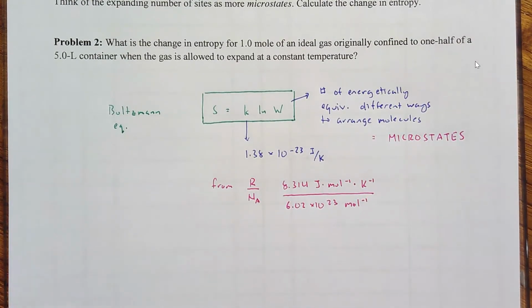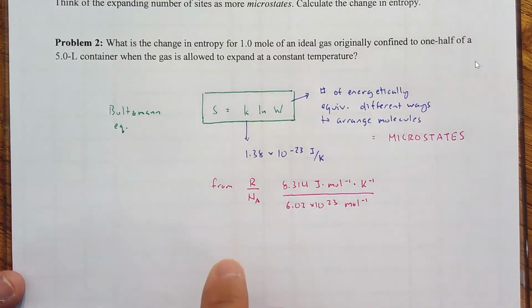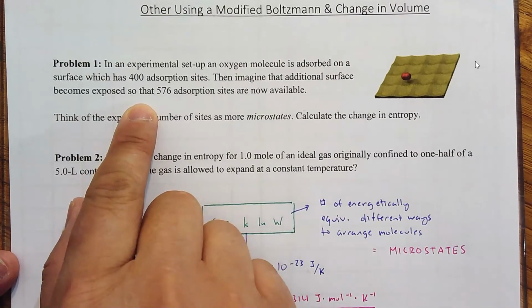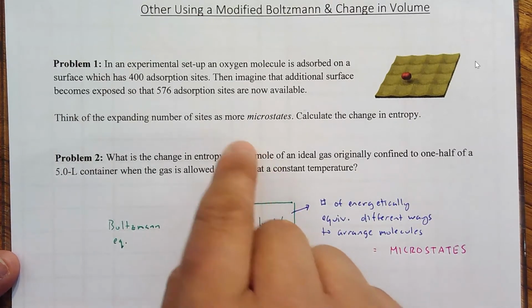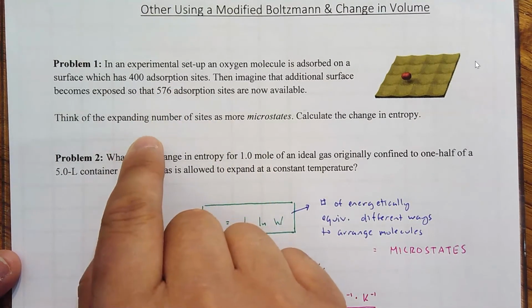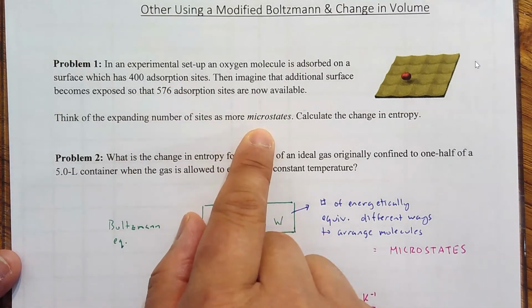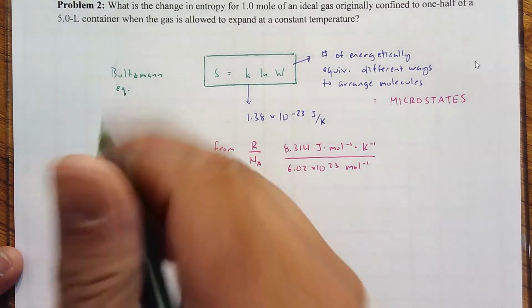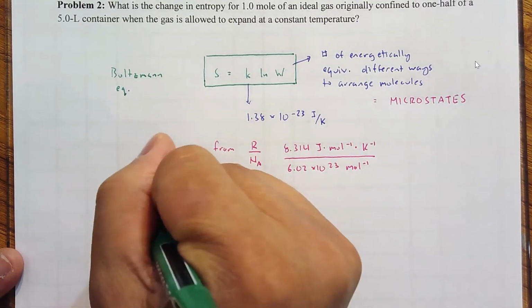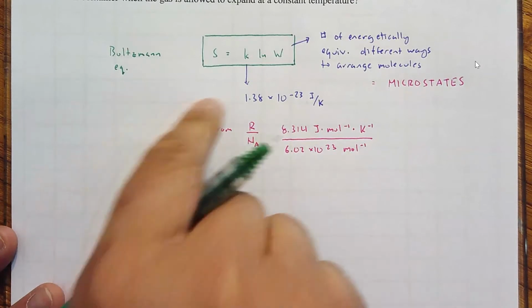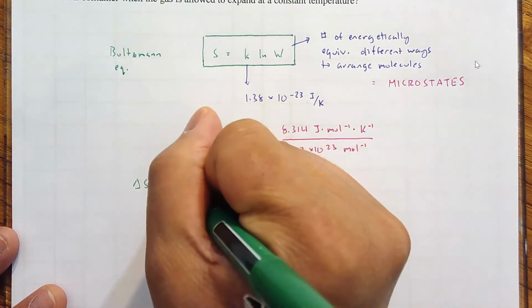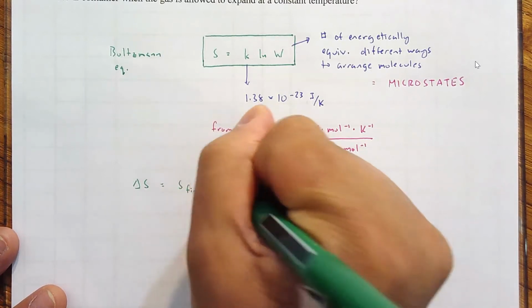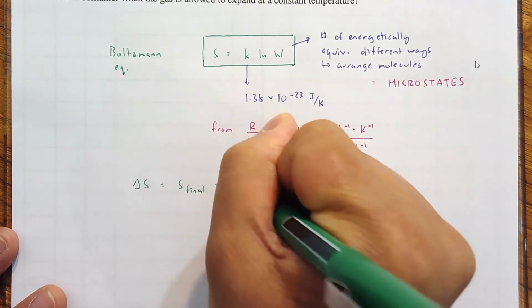Now, if you think about problem number 1, we have a change in the number of absorption sites, and I've hinted that we should think of those as different microstates. So really what we're doing is the change in entropy equals final minus initial, S final minus S initial.